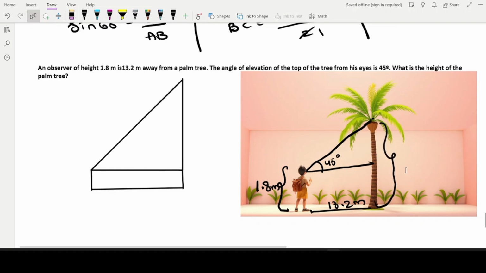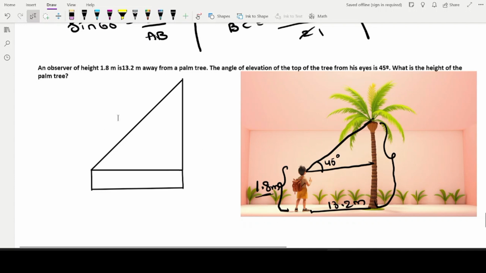There is a person who is 1.8 meters in height and is at a distance of 13.2 meters away from the palm tree, and from his eyes the angle of elevation of the top of the tree is 45 degrees, and from this situation he is asking us to find the height of the palm tree.